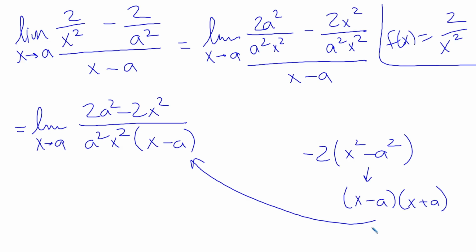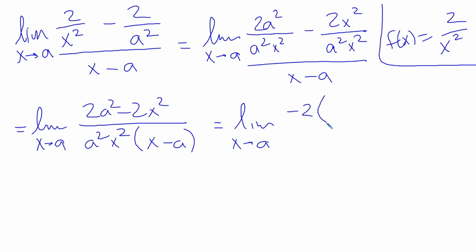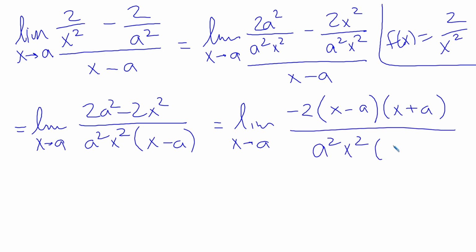So let's factor a negative 2 out of that numerator, leaving us with, as we just showed, x minus a, x plus a, all over a squared x squared times x minus a. And then we can cancel out the x minus a's.